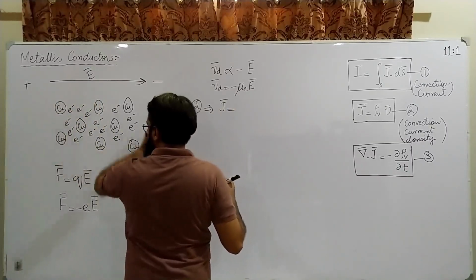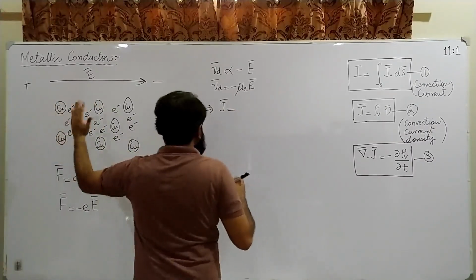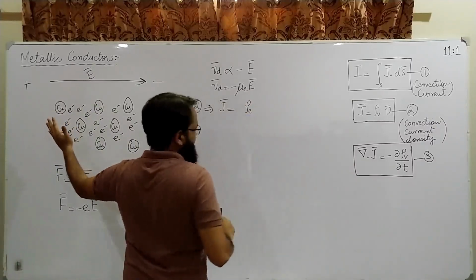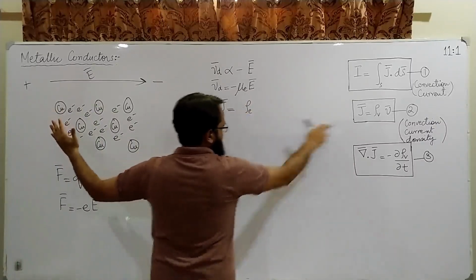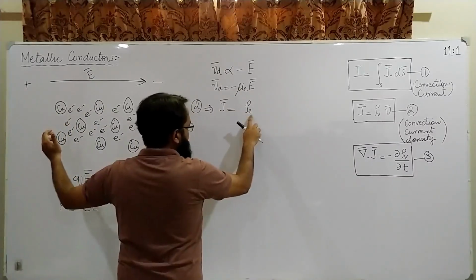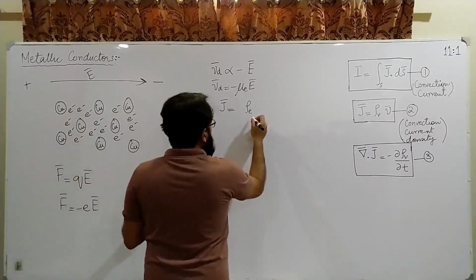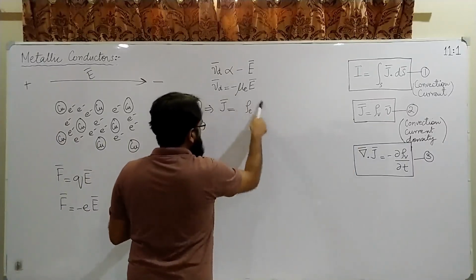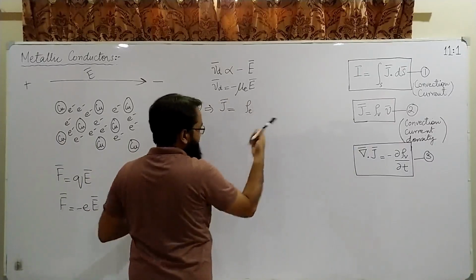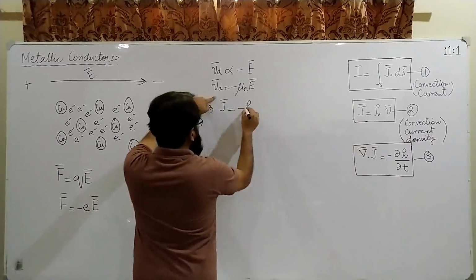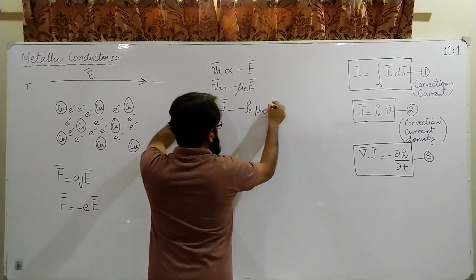Definitely charge density for a neutral material is 0, but electron density is non-zero. That's why I'm not using rho v here, I'm using electron density, rho e. All right, rho e is the electron volume charge density multiplied by drift velocity, which is minus mu e into E.